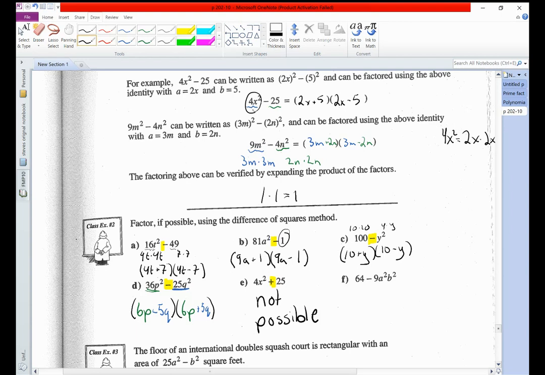The last one, 64 minus 9a squared b squared. Is the first term a perfect square? 64 is 8 times 8. So yeah, that is a perfect square. 9a squared b squared. Well, 9 is 3 times 3. A squared is a times a, and b squared is b times b.